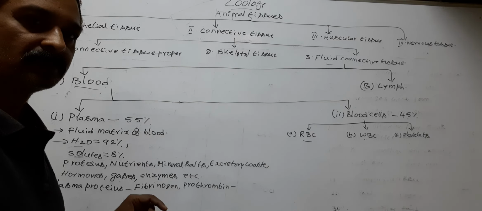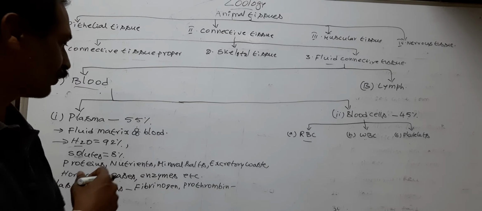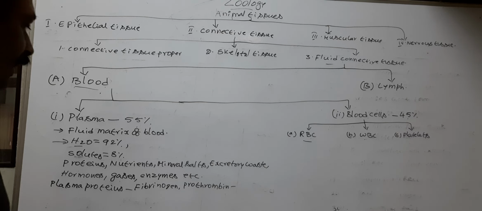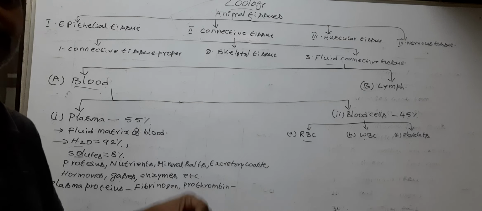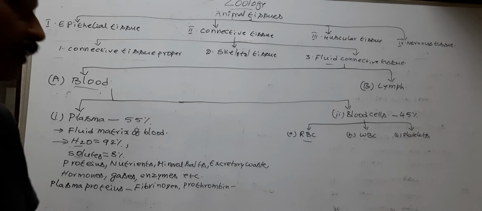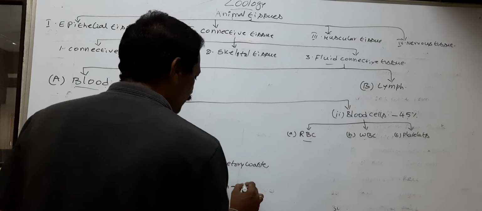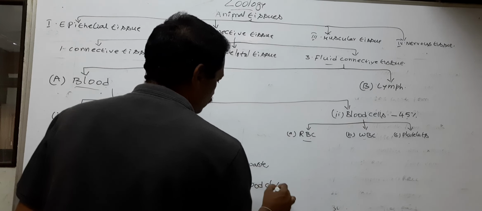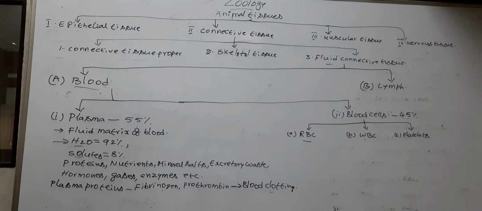The fibrinogen and prothrombin are actually produced by the liver. The liver releases fibrinogen and prothrombin into blood plasma. They help in blood clotting.